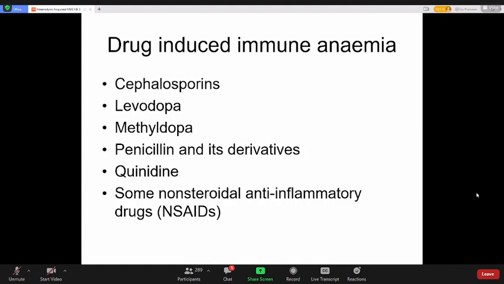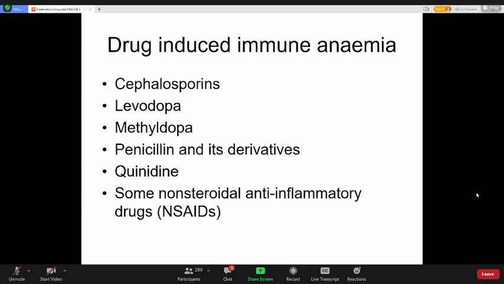We have methyldopa or levodopa that are antihypertensive, penicillin-based drugs, and penicillin and other penicillin-derived drugs like meropenem, methicillin are drugs that are used in treatment of a lot of infections.